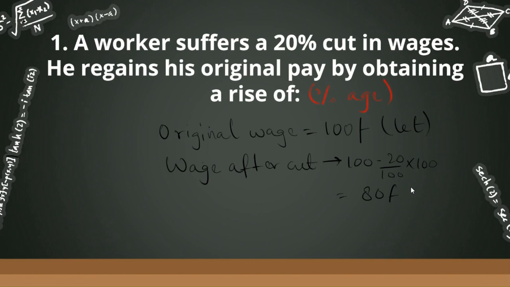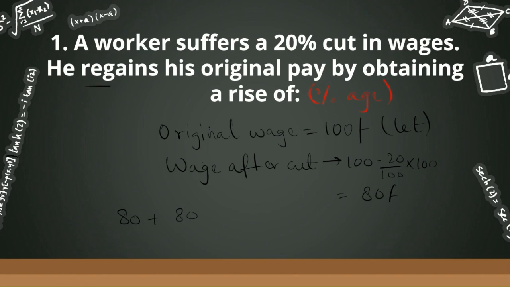Now, the question asks, adding what percentage of 80 shall regain us the original wage, that is rupees 100. So the question tells us to find adding what percentage to this rupees 80 will help us regain the original amount, which was rupees 100.